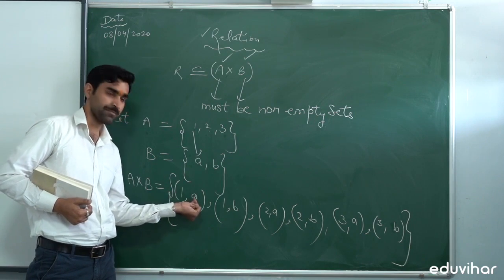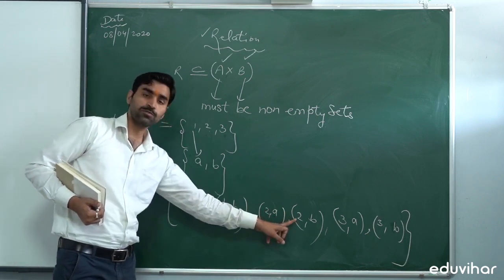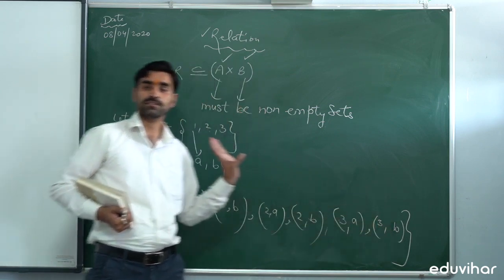Now, as you observe, this is the mapping of 1: 1 to a, 1 to b, 2 to a, 2 to b, 3 to a, 3 to b.